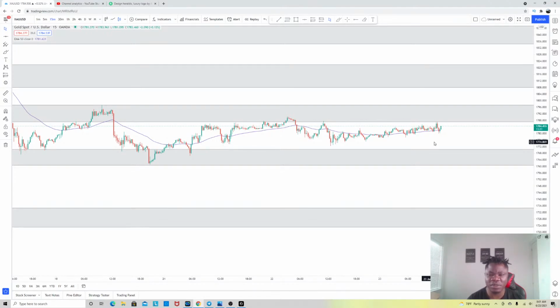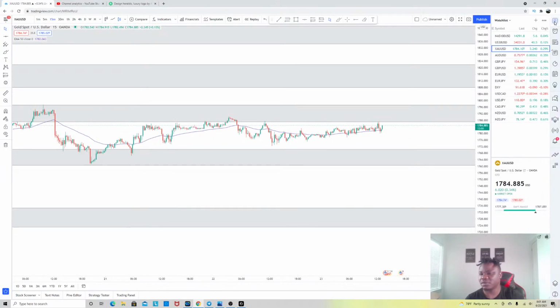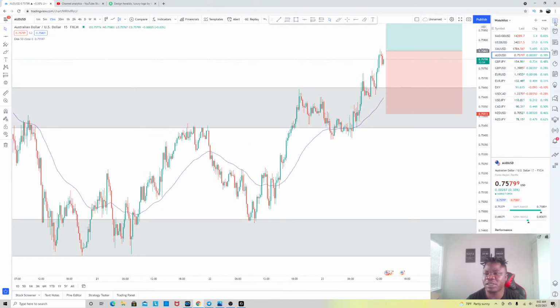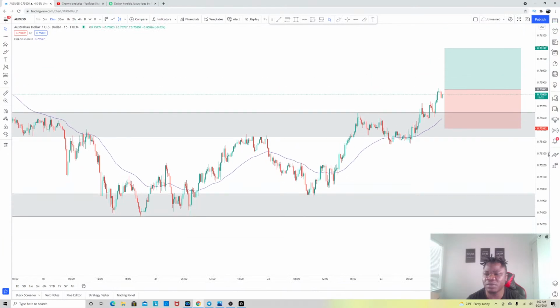Looking at it on the lower time frame, in this case the 15-minute time frame, gold might potentially buy, but at the same time, I might be wrong. So at the moment, it's currently in a no trade zone. So you just got to wait for the best entry possible.